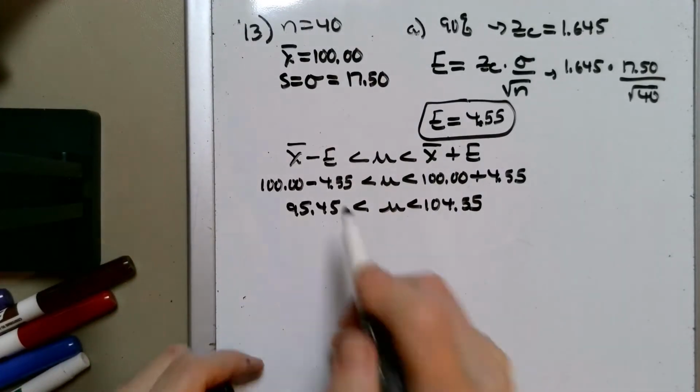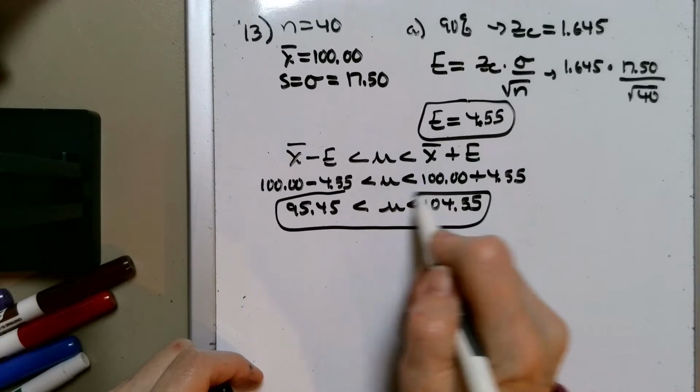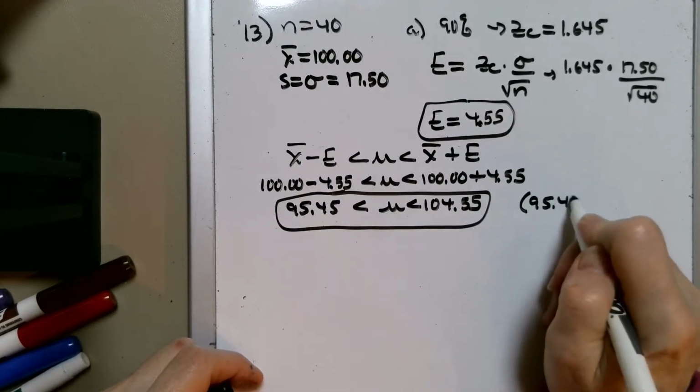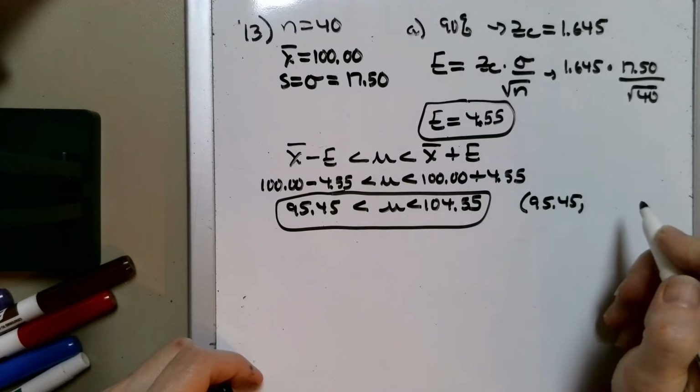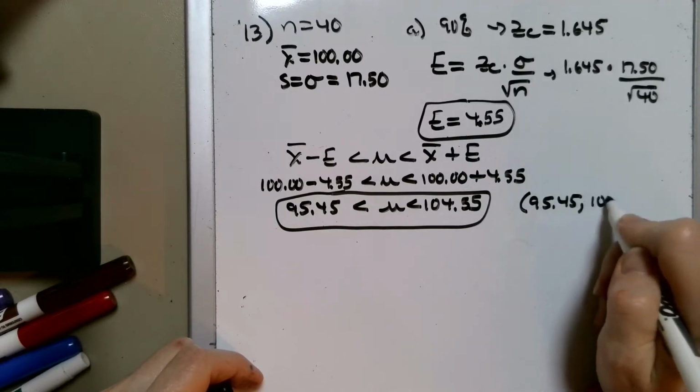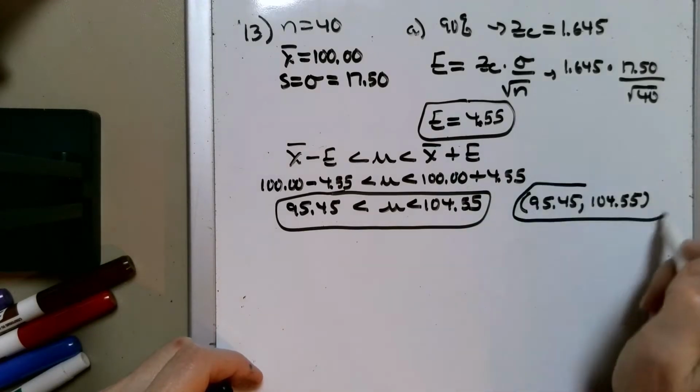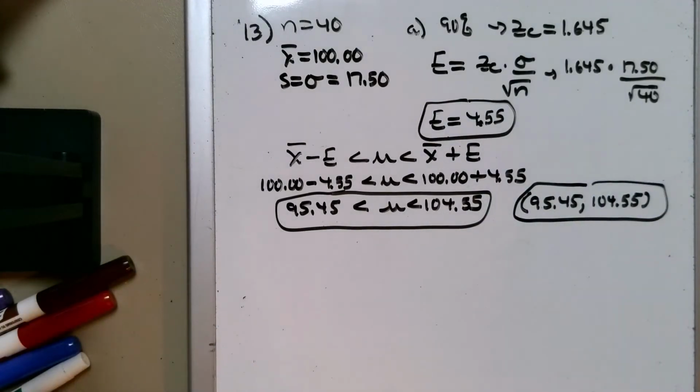So there's my confidence interval. In my stat lab, they want you to put it in interval notation like this, parentheses 95.45, comma 104.55, parentheses, which is interval notation if we were to graph this inequality on the number line.